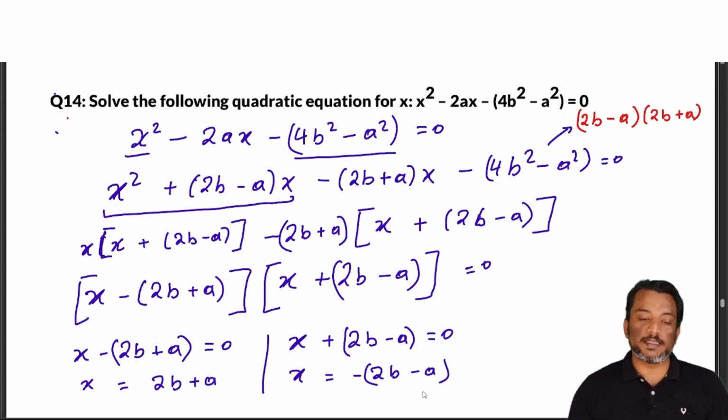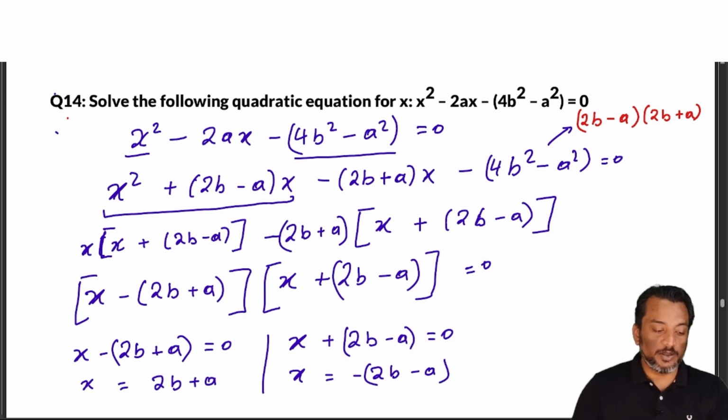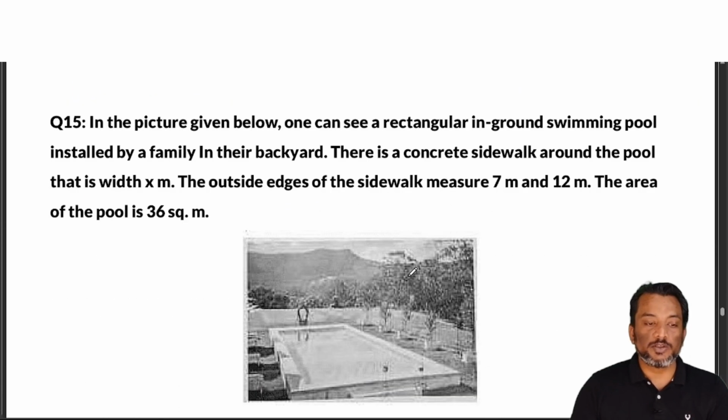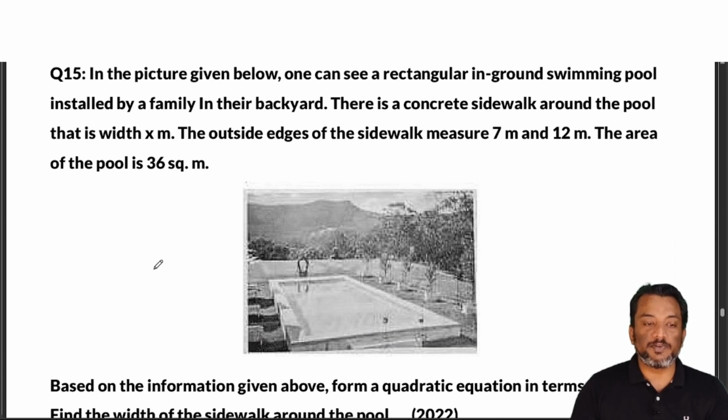Hope you got it. This is how to solve this type of question. Now coming to the next question, question number 15. Again it is a case study based question. It says in the picture given below, you can see a rectangular in-ground swimming pool installed by a family in their backyard, and there is a concrete sidewalk around the pool that is x meter wide.